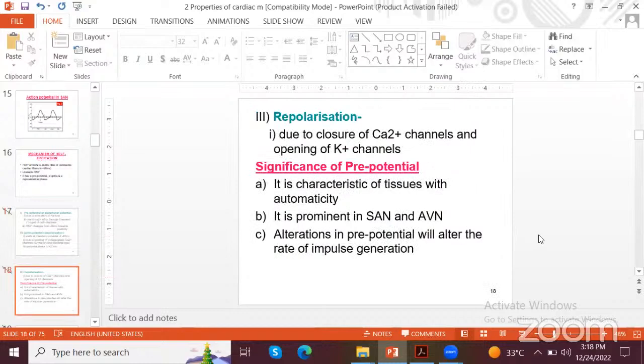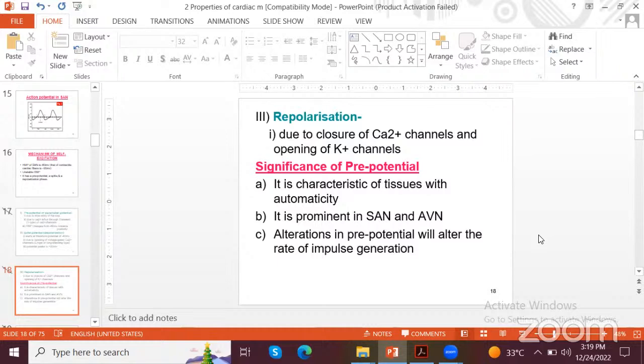And coming to the repolarization, it is due to the closure of calcium channels and opening of potassium channels. The significance of the prepotential is that it is the characteristic of tissues with automaticity, and it is prominent in the SA node and AV node.